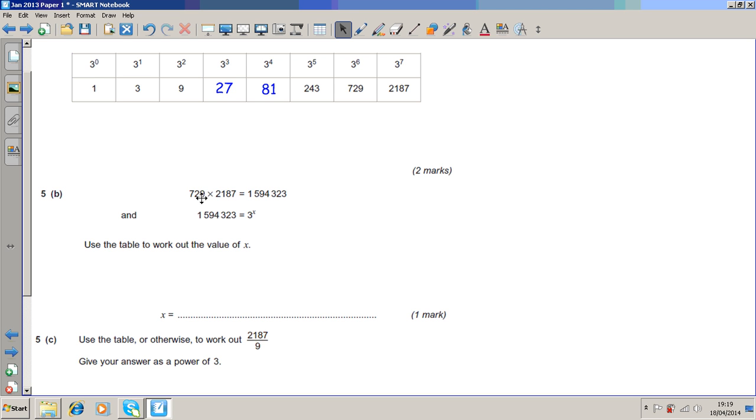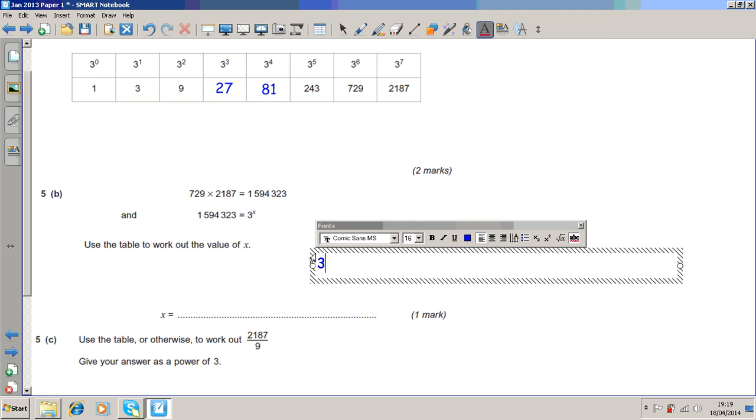It's telling me that 729 times 2187 equals this, and that equals 3 to the power of x. Use your table to work out the value of x. Okay, well 729 is the same as 3 to the power of 6, and 2187 is the same as 3 to the power of 7.